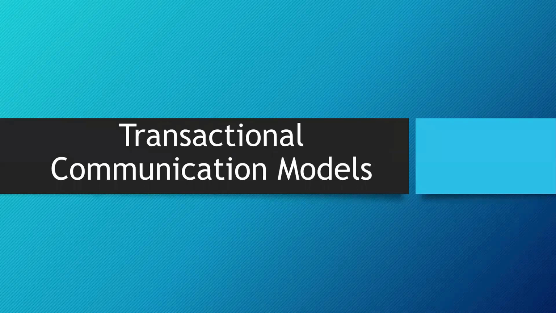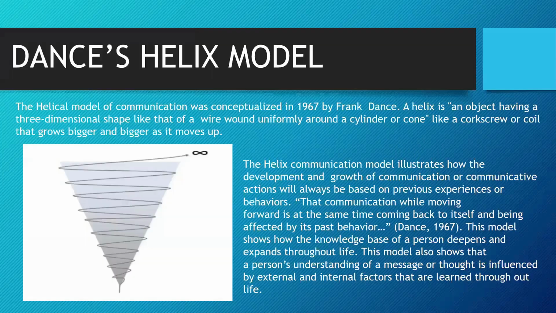Under the transactional model of communication, we have Dance's helix model. According to this, the helical model of communication was conceptualized in 1967 by Frank Dance. A helix is an object having a three-dimensional shape like a wire wound uniformly around a cylinder or cone, like a corkscrew or coil that grows bigger and bigger as it moves up.